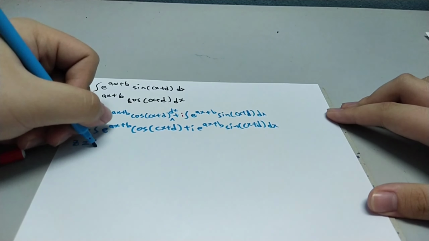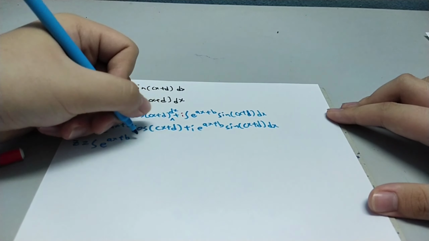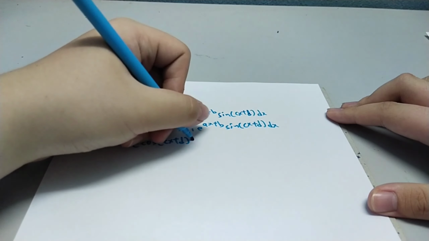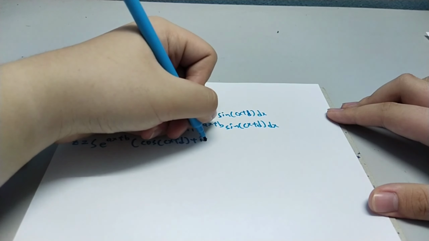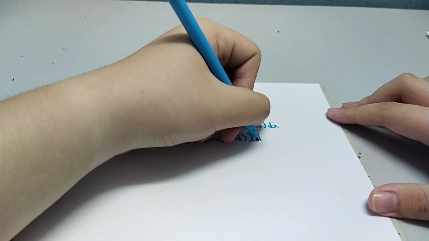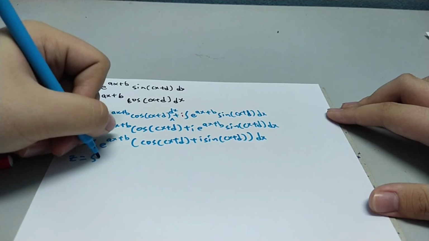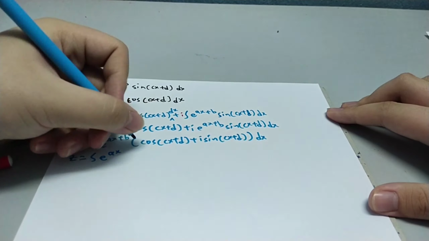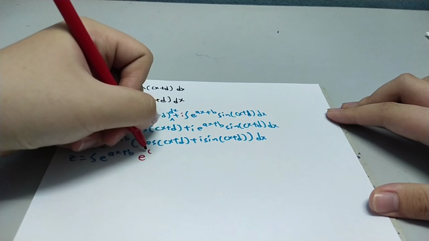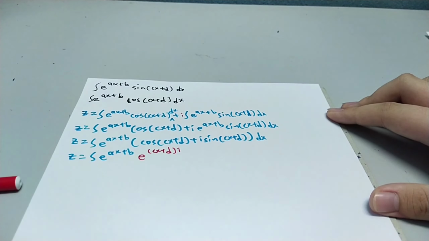Then we factorize e to the power of ax plus b out: e to the power of ax plus b times cosine of cx plus d plus i times sine of cx plus d, dx. And this whole thing is equal to the integral of e to the power of ax plus b times e to the power of (cx plus d) times i, dx.